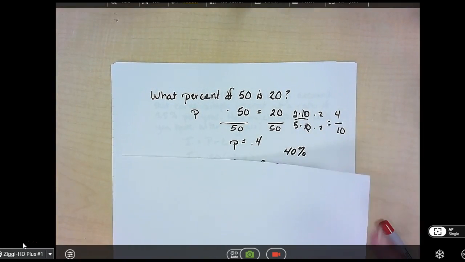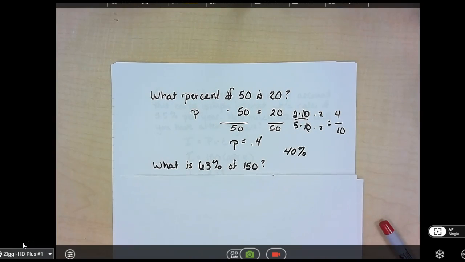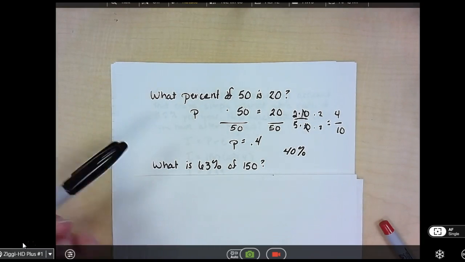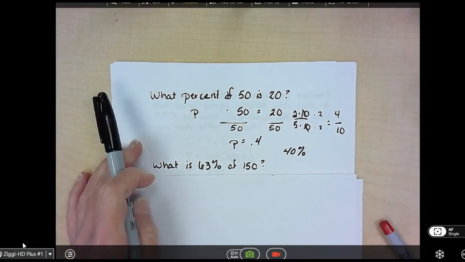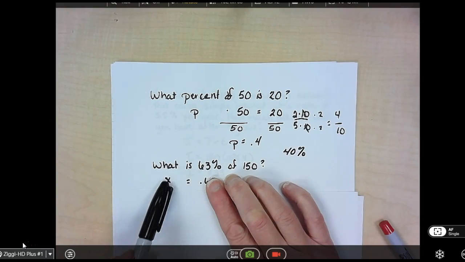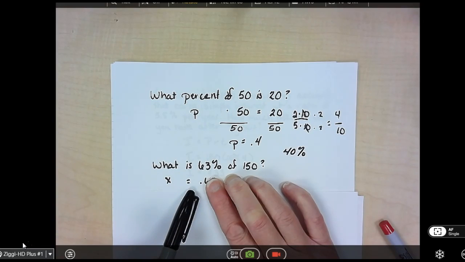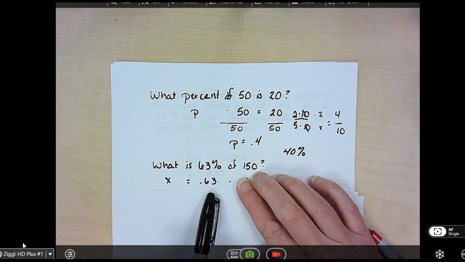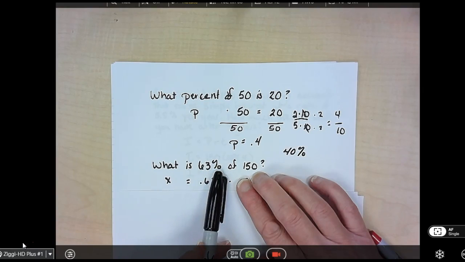All right, another example of a type of problem. This one's worded differently than the first one. It says, what is 63% of 150? Well, when it says what is, I know I don't know what is, so I put it as an X. Is, again, is equals. My percent I'm going to write as the decimal that it is, because percent again means divide by 100.